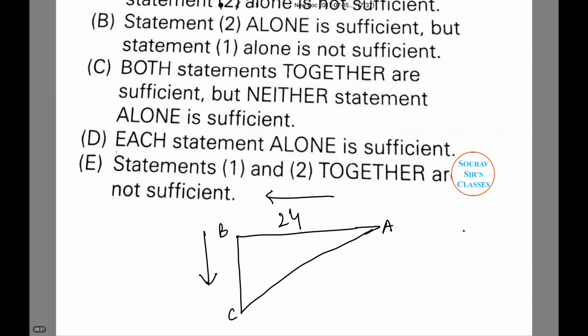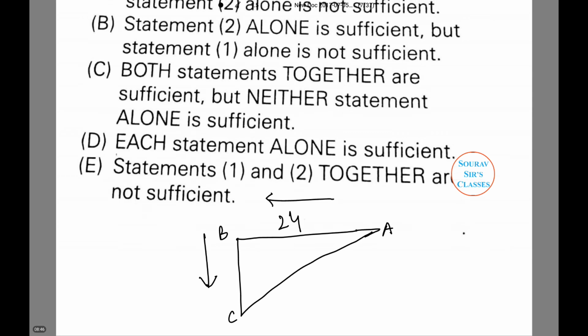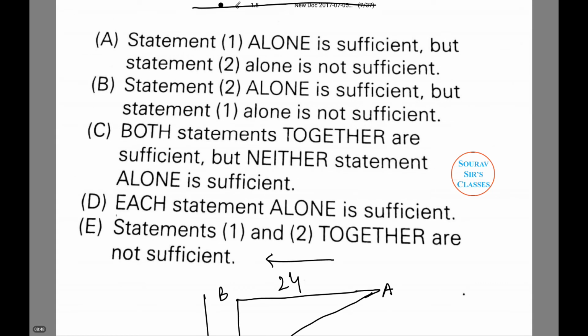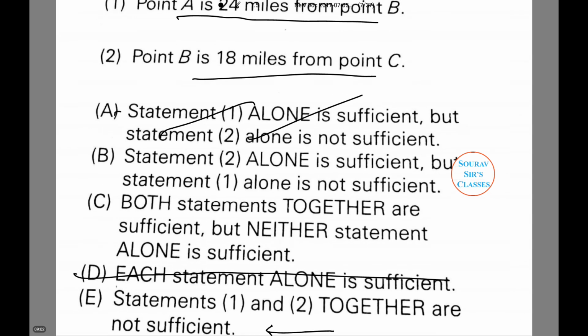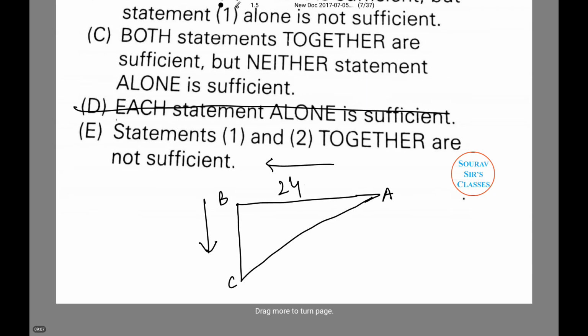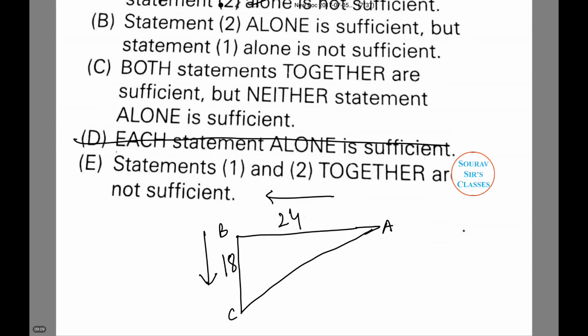any two sides would be enough to find the remaining side. And if we knew that we had a special right triangle, one side might be enough. Neither of these cases applies though, so we are down to B, C and E. That is, we can cancel out A and D. Statement 2, that is point B is 18 miles from point C, gives us again another side.